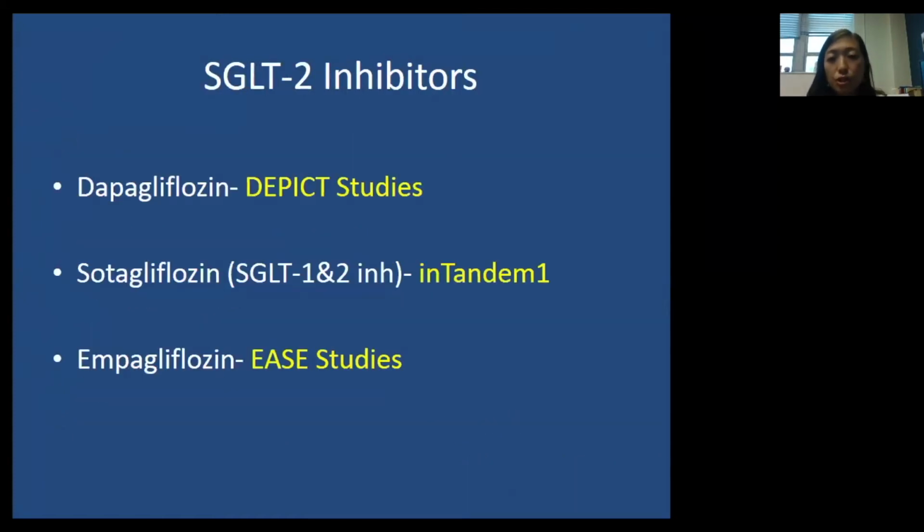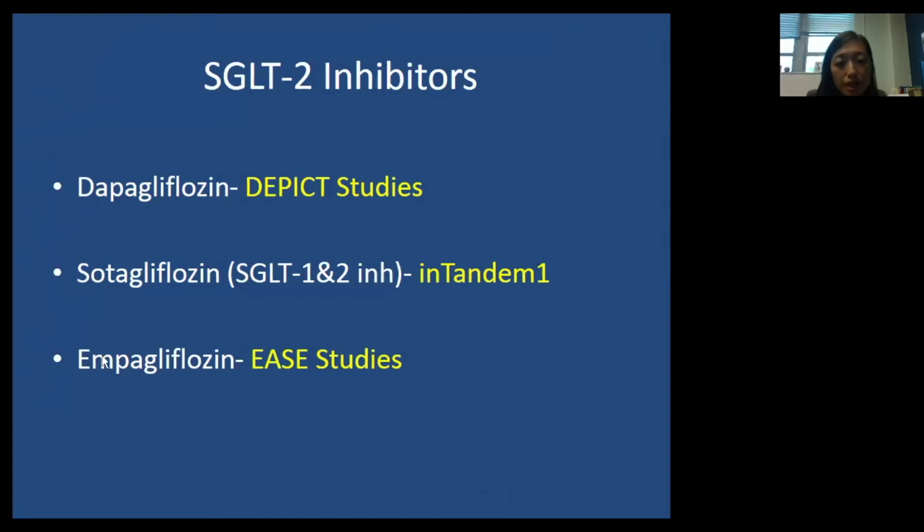So the SGLT2 inhibitors, many of you may know, these are our newest class of drugs used for type 2 diabetic patients. It has been studied in type 1 diabetic patients as well. And we have a growing number of different brands of the SGLT2 inhibitors.